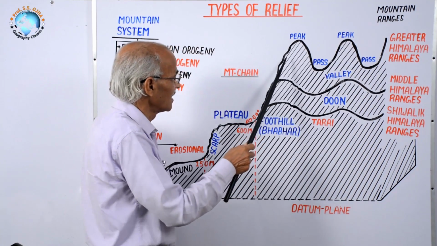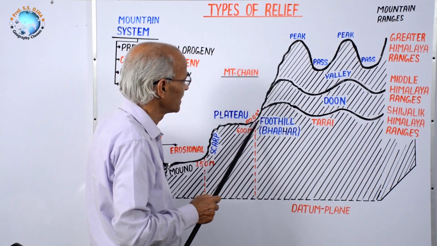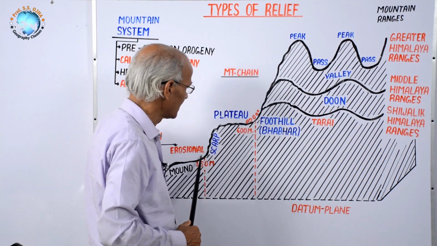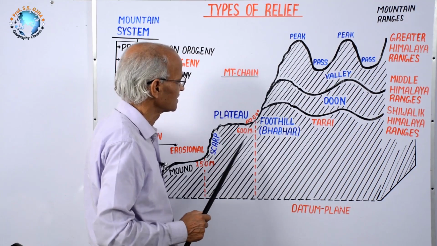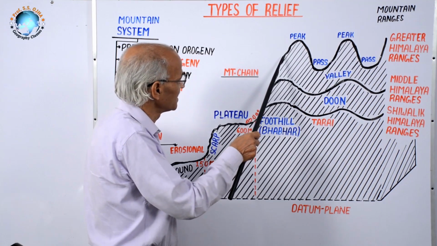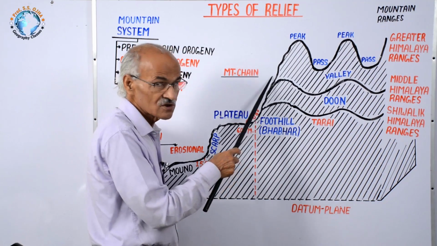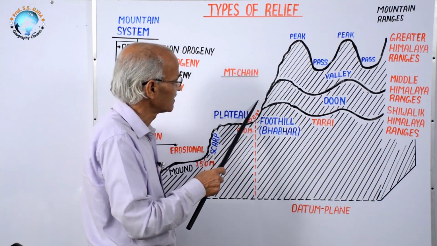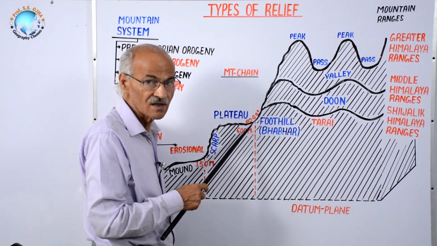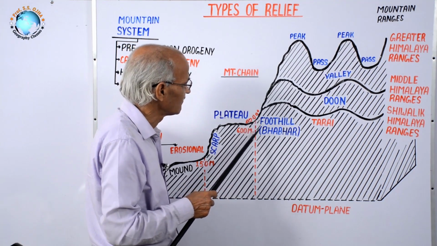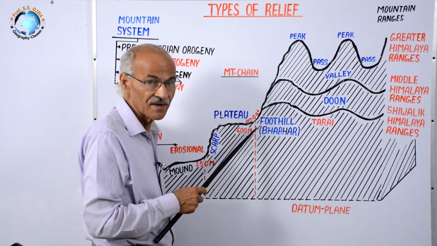And at the foot of the mountain where the plateau starts, or the plain may also start in some conditions, the material or boulders, round-shaped stones rolled down by rivers, are deposited at the foothill of the mountain, and this is called the foothill or Bhabhar area.